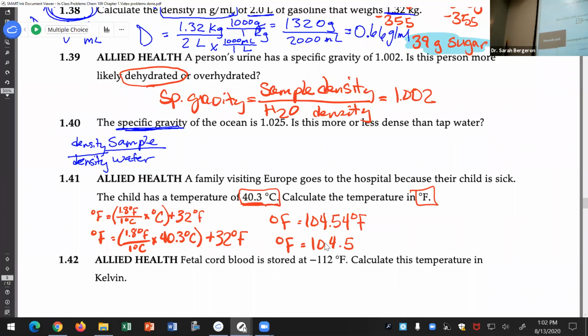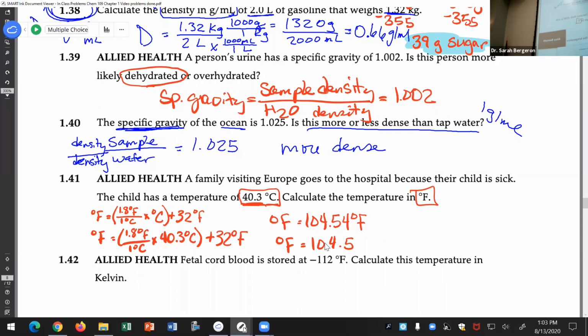So if we did this with the ocean, and we got an answer that's 1.025, what does that tell us? Is it more or less dense than tap water, if we're saying tap water is a density of 1? It's going to be more dense.